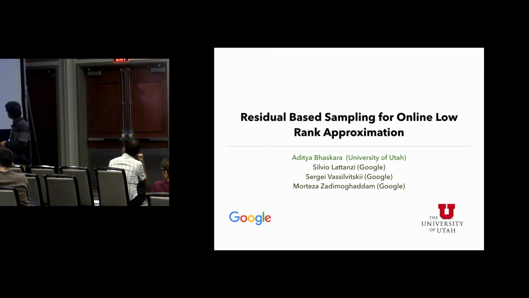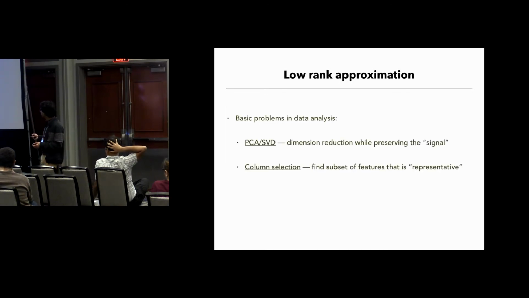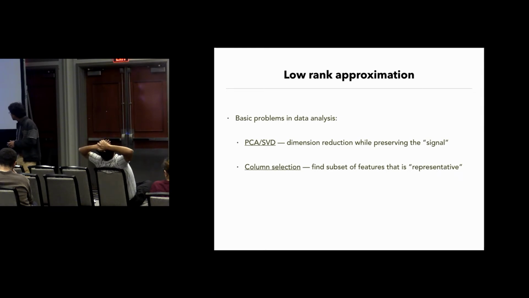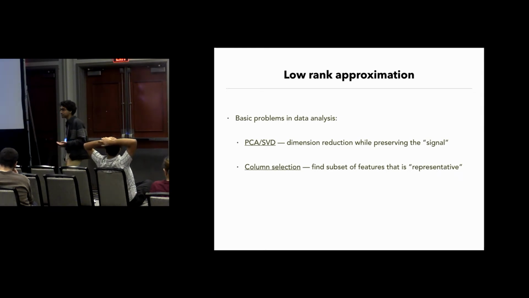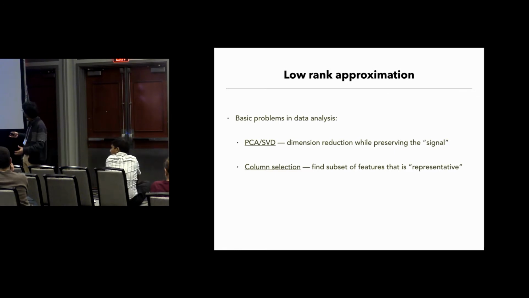All right, so what am I going to talk about? Basically, I'm going to talk about low-rank approximation, and the basic problems here are things like PCA and column subset selection. And these are some of the most fundamental problems in data analysis. PCA is often used for dimension reduction, and the goal is to reduce the data from high dimensions to a lower dimension while somehow preserving the signal.